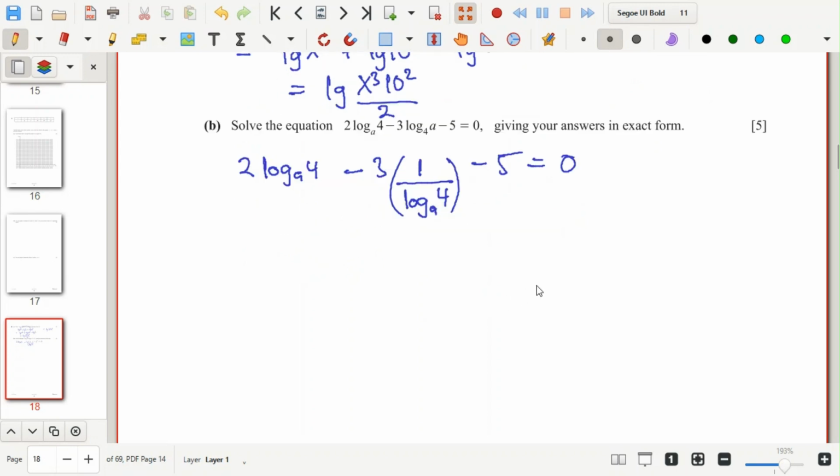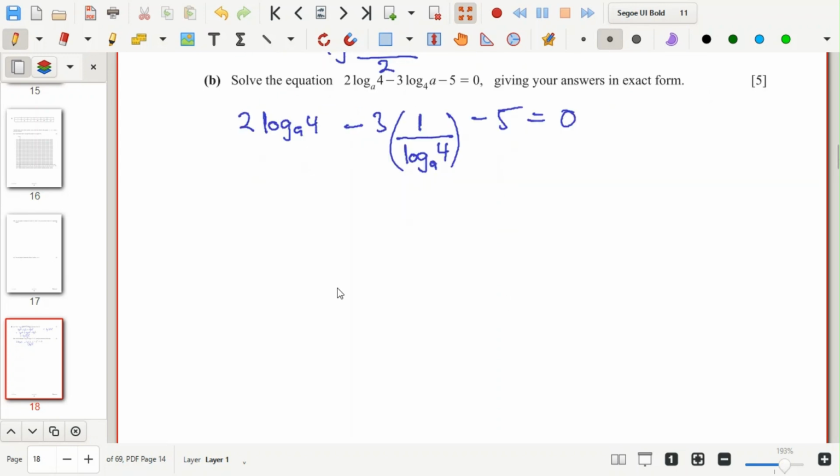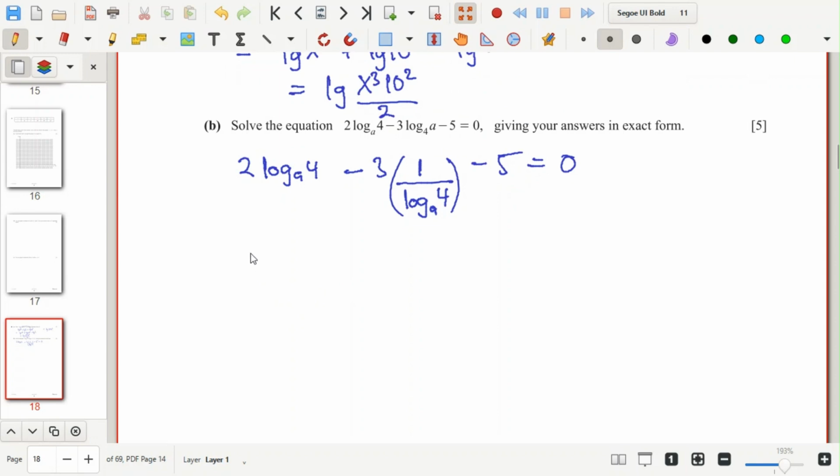So this is the same as, I can say let m be equal to log 4 to the base a. So this is the same as this.